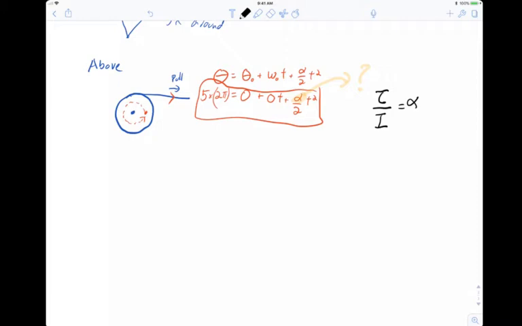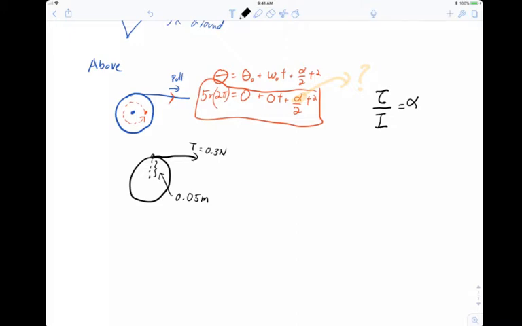It tells me this distance here is 0.05 meters, and that the tension force is 0.3 newtons.